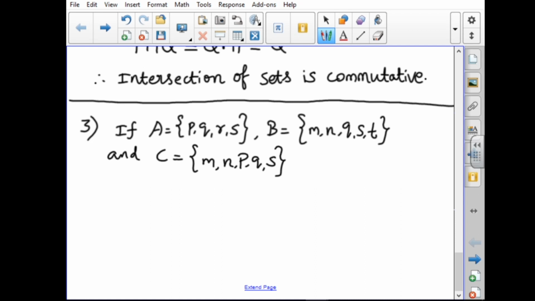Then verify the associative property of union of sets.